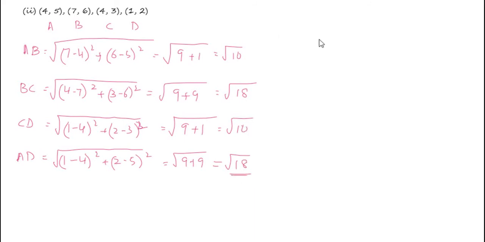Now in this quadrilateral, opposite sides AB equal to CD and BC equal to AD. Opposite sides are equal, therefore this is a parallelogram.